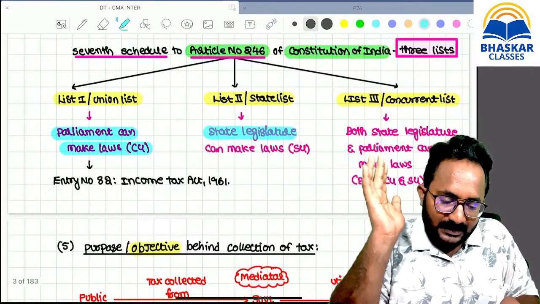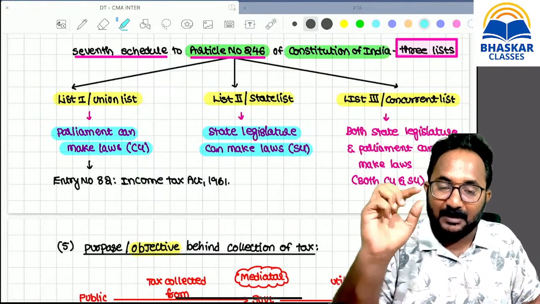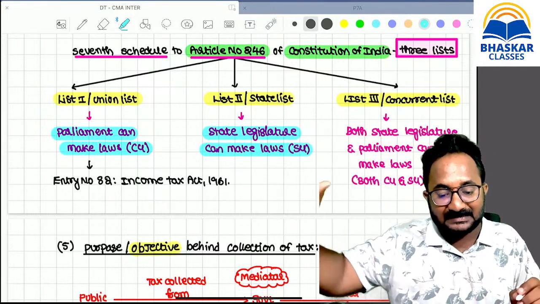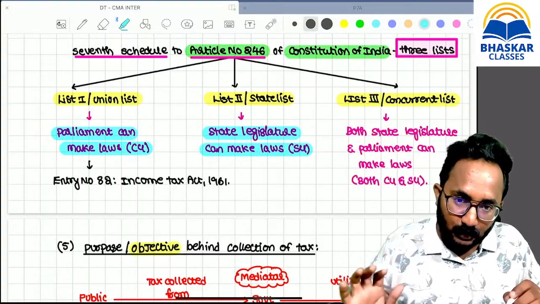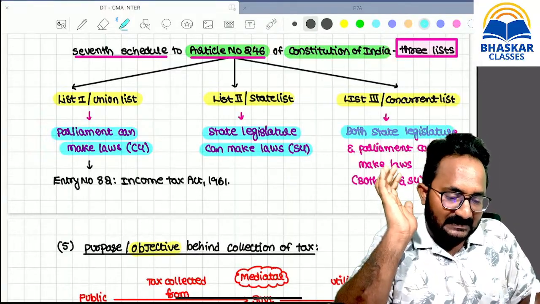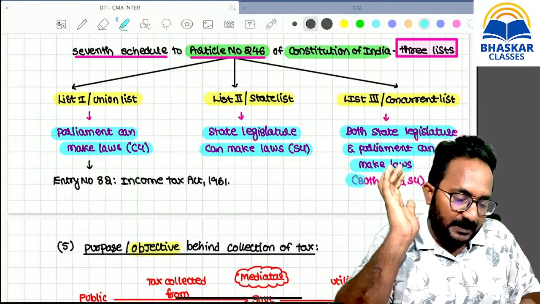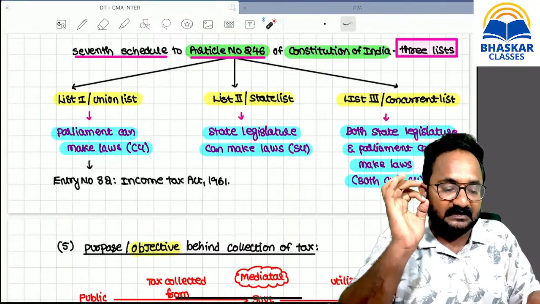In list 2, whatever laws were framed by the state governments in the past, their names are contained in list 2 or the state list. Laws that both the state legislature and Parliament can make are placed in the third list, list 3 or the concurrent list.